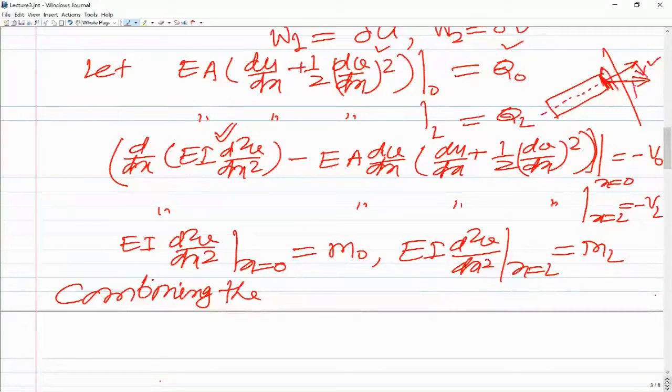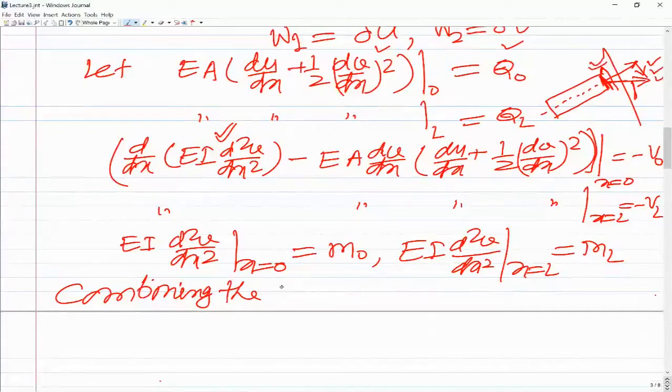See, this axial force is EA into du by dx plus half of dv by dx whole square, and then you take the component along the normal to the beam. This component gets added with this d by dx of EI into d2v by dx square. So that is how the second term is coming.